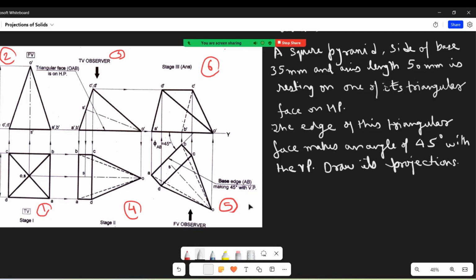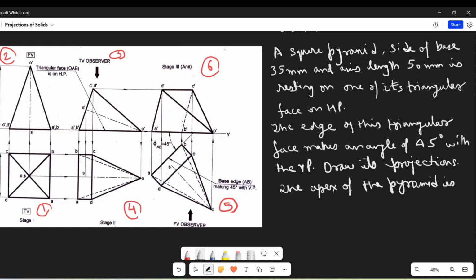This will give us view number 5, and finally we can draw view number 6. One point to note here is that the apex of the square pyramid is close to the observer.